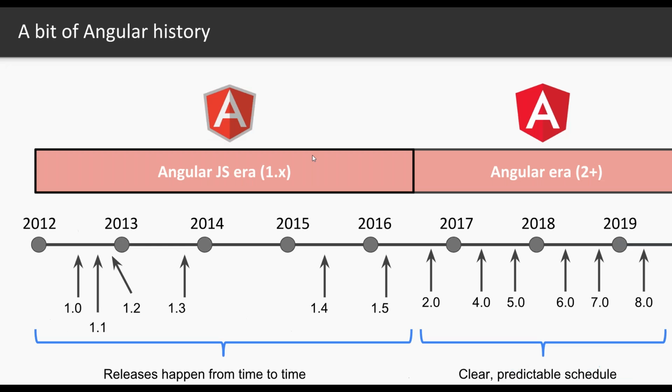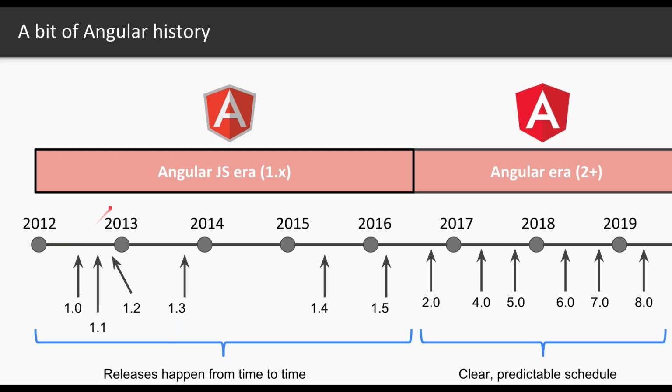So now let's get started with Angular itself. The first thing I want to go through is a little bit of Angular history, because this helps clarify how the Angular team works and how Angular gets released these days. AngularJS started in 2012, and version 1.0 was released in the middle of 2012.